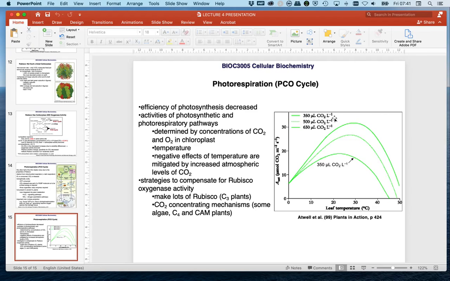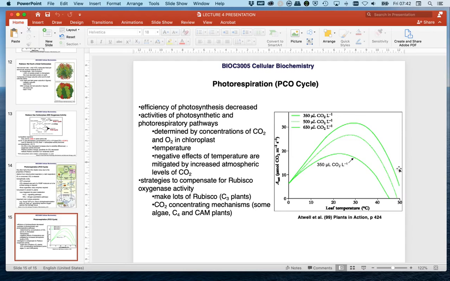As I've already mentioned, the activities of photosynthesis and the photorespiratory pathway are balanced, they're linked, okay, and they are determined by the concentrations of CO2 and oxygen in the chloroplast, which is dependent on temperature. And we can see that the negative effects of temperature are mitigated by increased atmospheric CO2. So there's still that relationship between CO2 getting into the chloroplast and temperature.